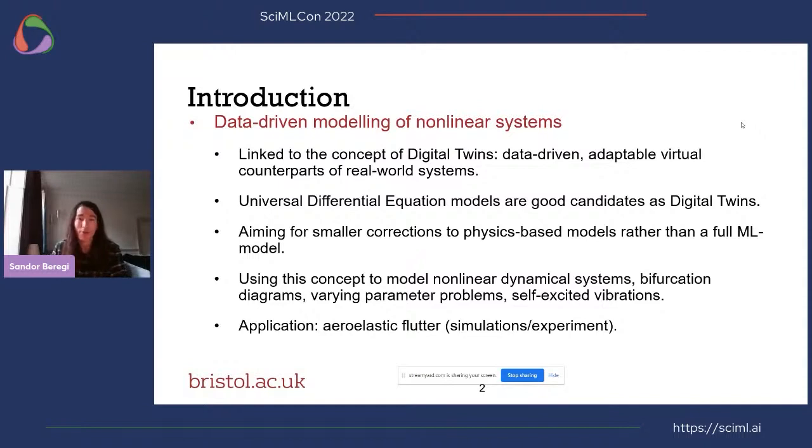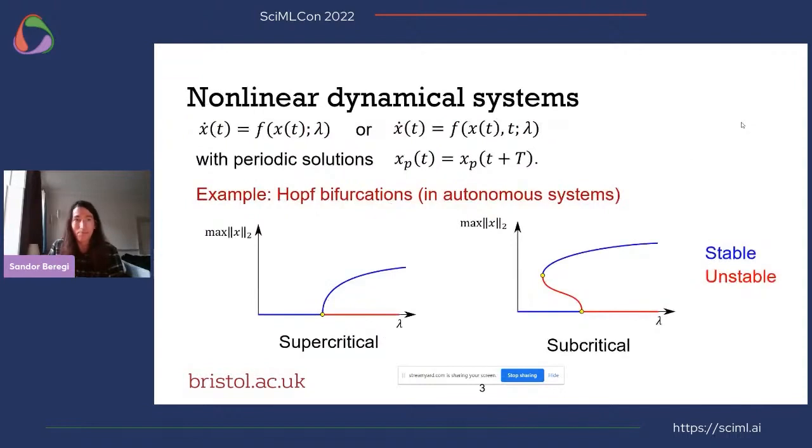And I will present one specific application related to an engineering oriented field, aeroelastic flutter, for which I carried out a few numerical simulations, but I also trained the models on experimental data.